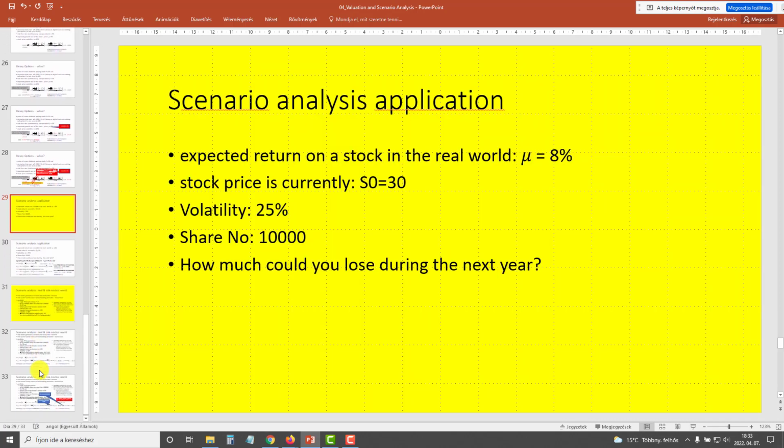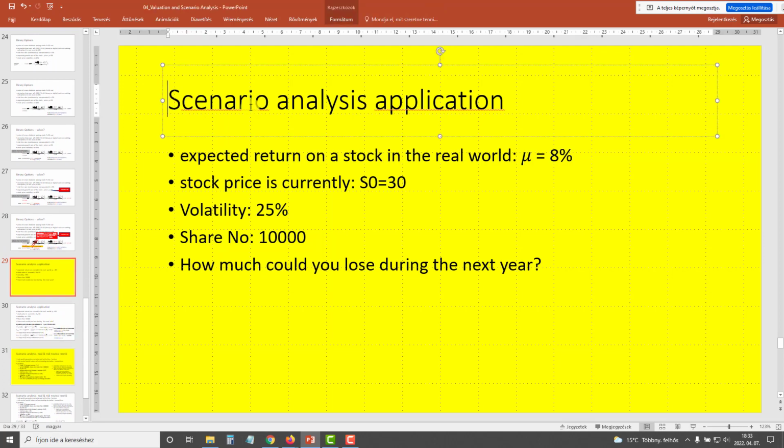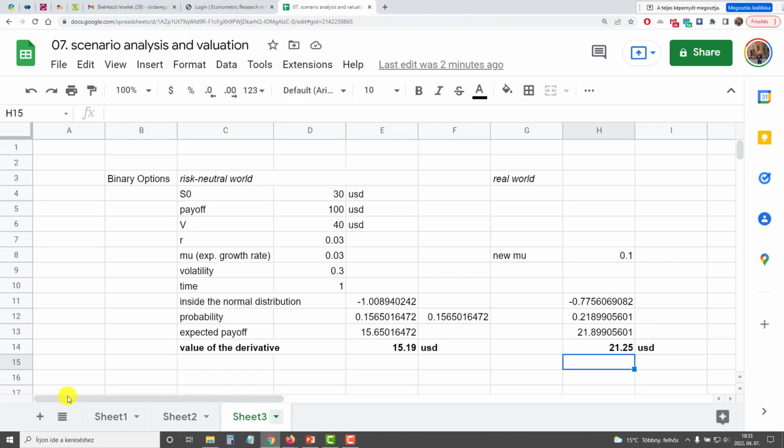Because we have the scenario analysis application. Until now we did not have, okay, earlier at least we had some probabilities, but we did not have to invert anything.